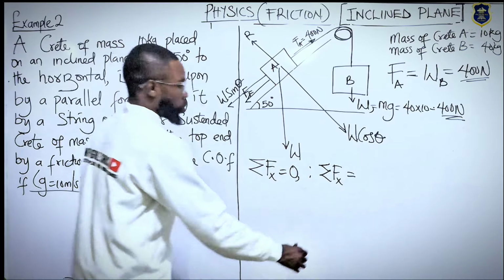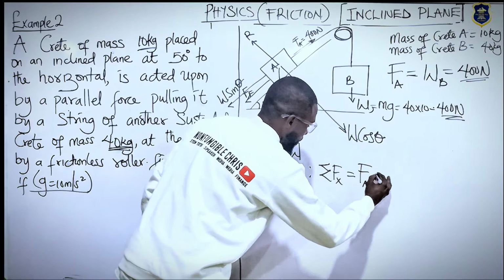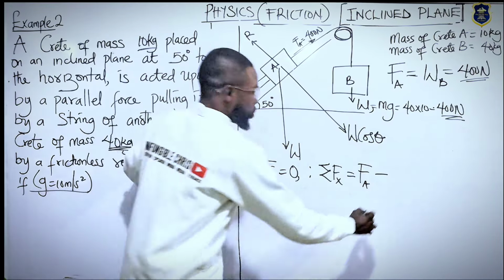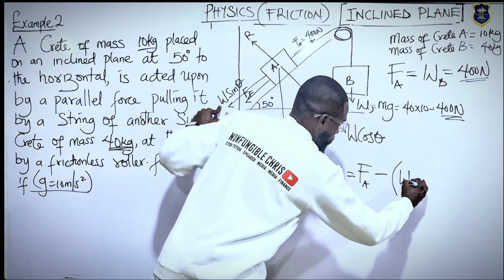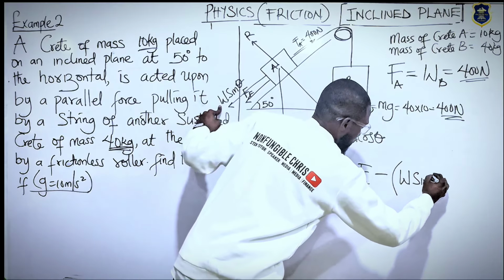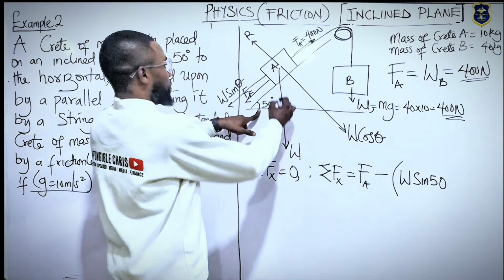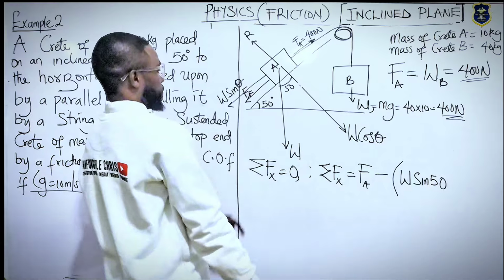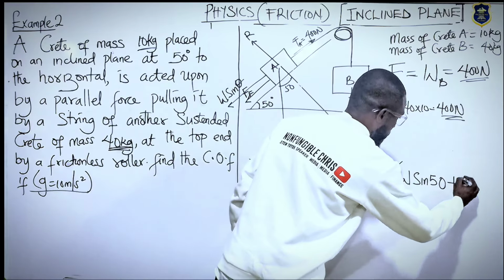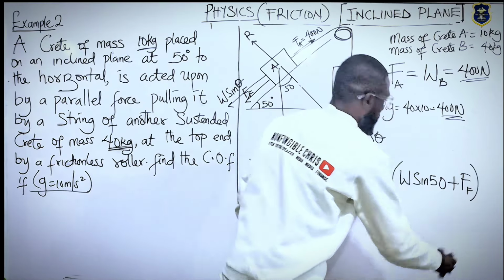Since this is frictionless, we don't need anything else. That becomes what? Force of A minus W sine 50, because we said that the angle is 50, plus our frictional force, right?